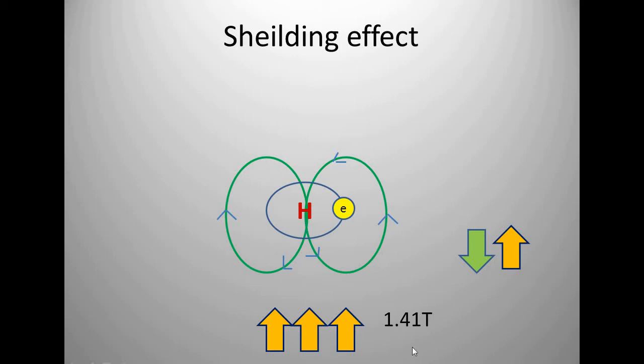Means if you apply 1.41 Tesla of external magnetic field, here the opposite direction magnetic field cancels some of this magnetic field, and the intensity applied is not the intensity that reaches here. Some amount of magnetic field gets cancelled due to the opposite direction, and only some amount of the external magnetic field reaches the proton.